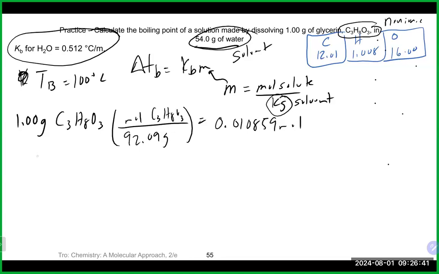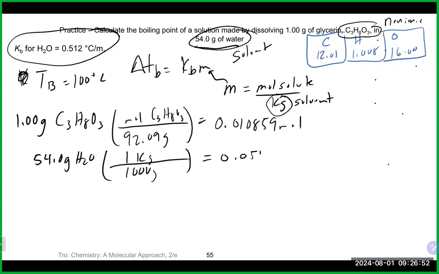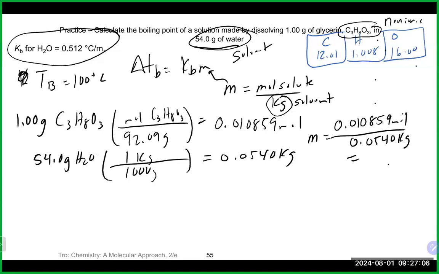That would be 54 grams of water, and 1,000 grams of water is 1 kilogram, giving us 0.054 kilograms. We now have everything we need to solve for the molality, which would be 0.010859 moles divided by 0.054 kilograms.